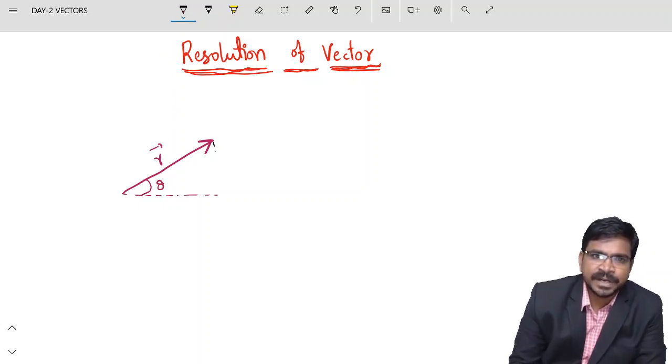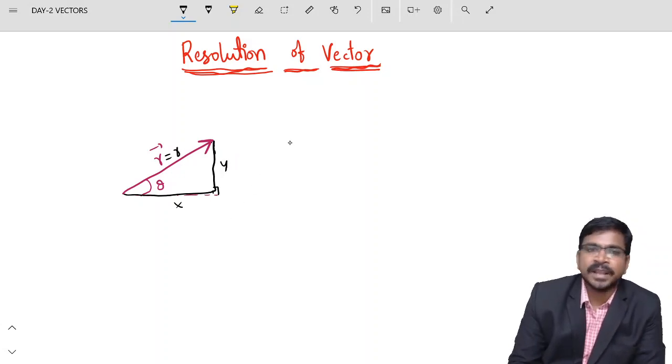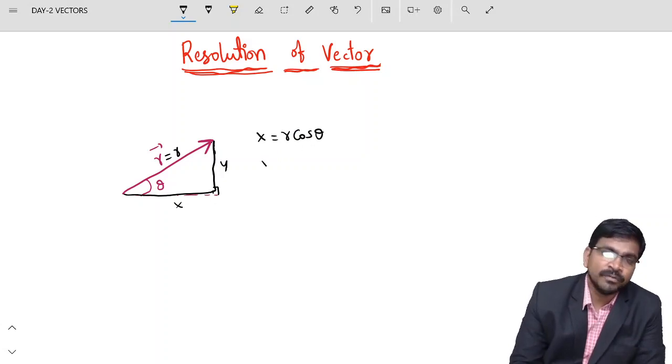Let me construct a perpendicular line here. Let me assume this has y and this has x, so it will form a right angle triangle. From this I can write, let me take r as the magnitude, x is equal to r cos theta and y is equal to r sin theta.